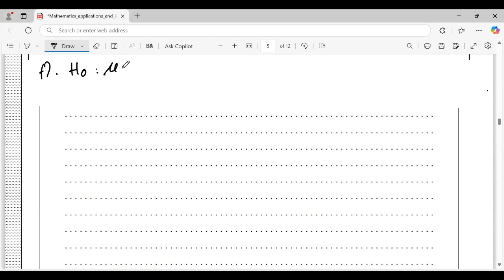Mu L equals mu D. The alternative hypothesis is mu L greater than mu D. The mean height of Latvian women is greater than the mean height of Dutch women. Right.